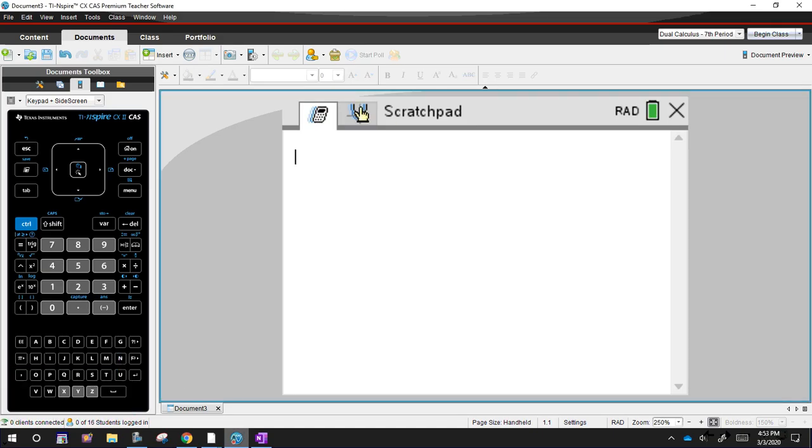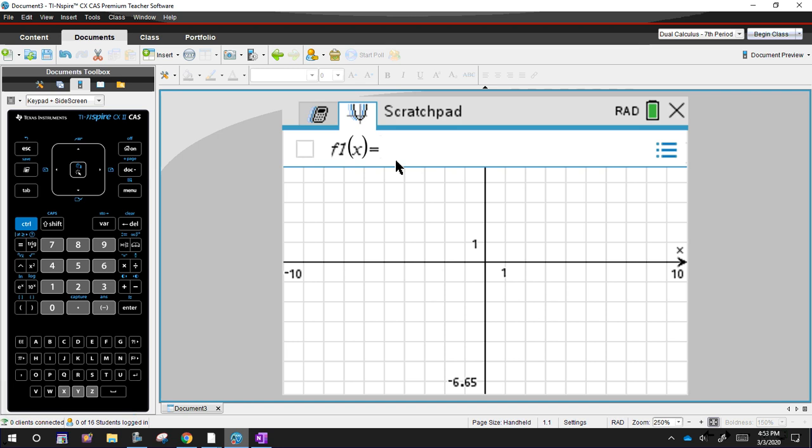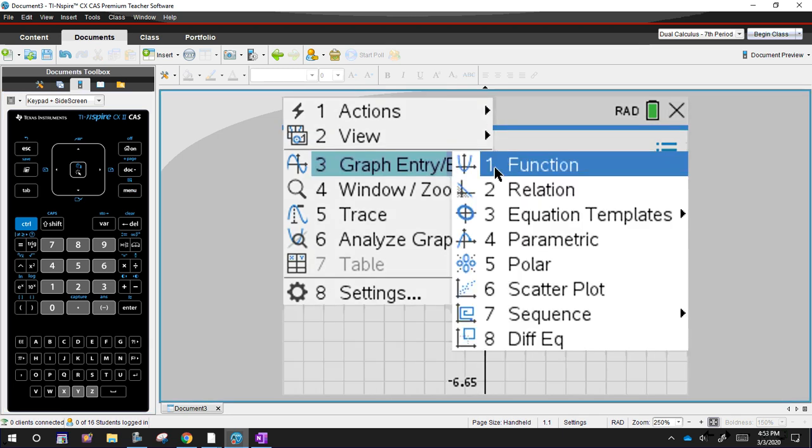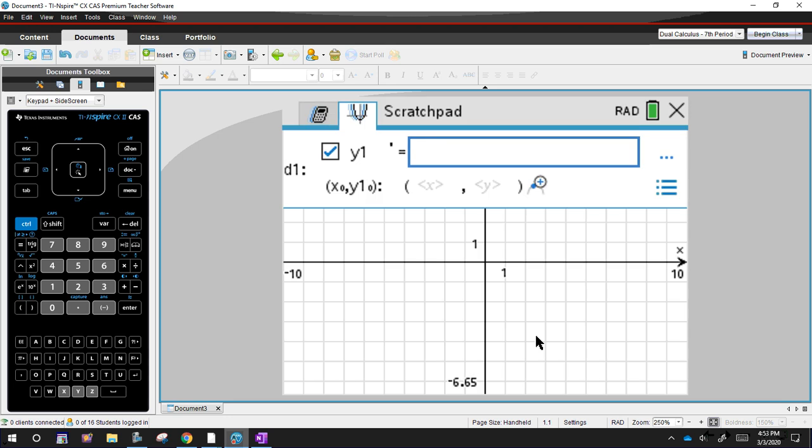I want to graph, so I'm going to press the graph button, and then I'm drawing a slope field. To do this, we're going to press Menu, Graph Entry, and we're using a differential equation. Our differential equation was 2x plus y1.